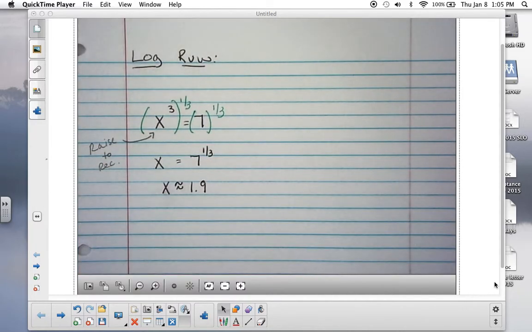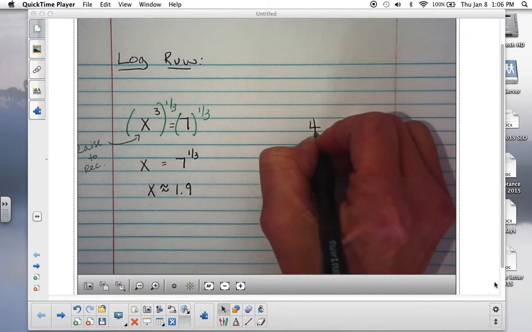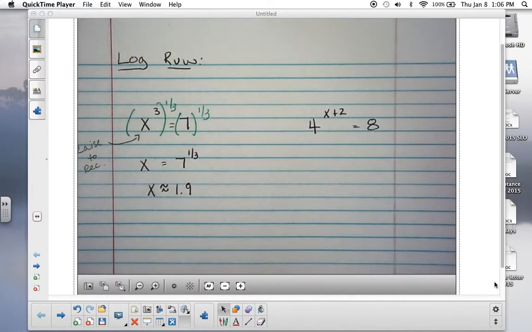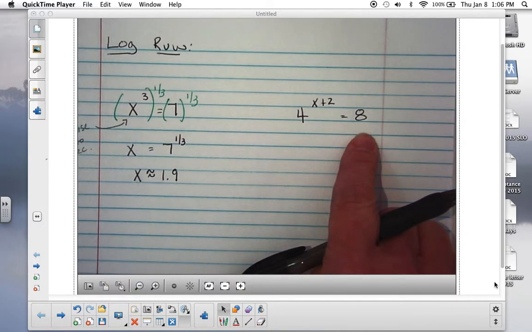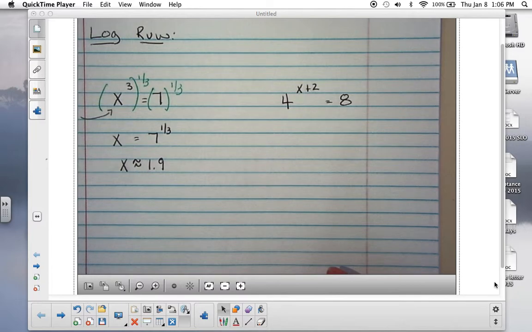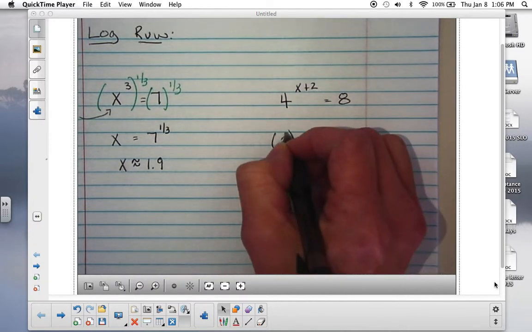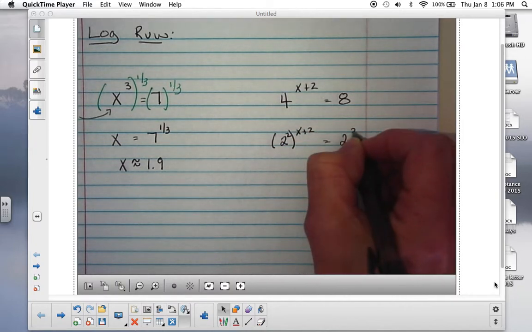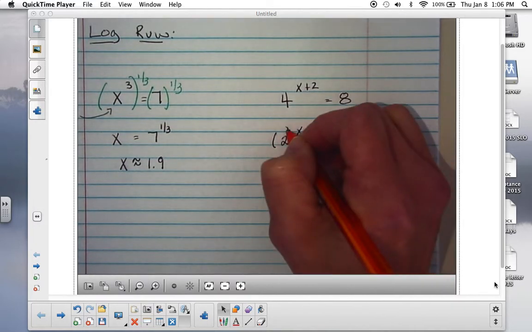The second kind of thing that we did on that same first day at the beginning, before we even knew what a log was: what if the x is not low, but instead the x is up here, up in the exponent? For that, we need to get like bases. So we want to replace the 4 and the 8 with something that equals 4 and 8, but that will have a matching base. So we're going to replace the 4 with 2 squared, and we're going to replace the 8 with 2 to the 3rd power. This 2 right here distributes. That hits that and that.